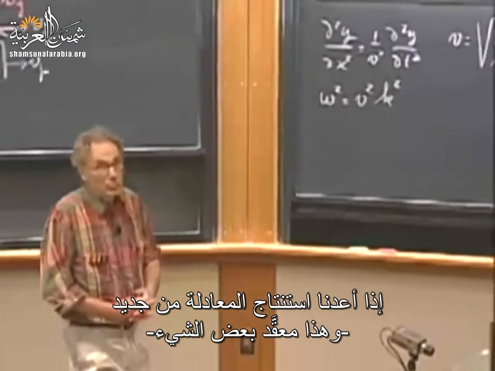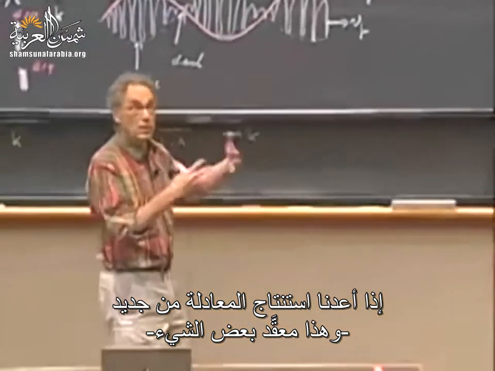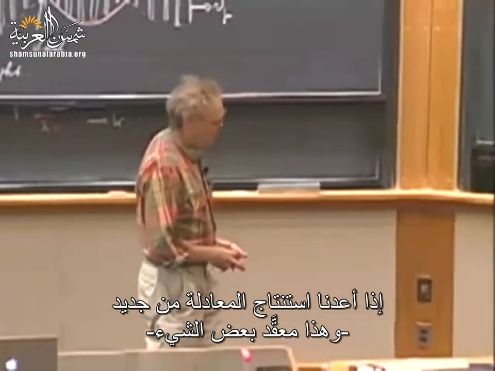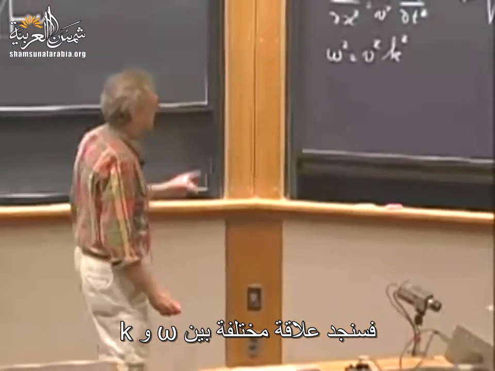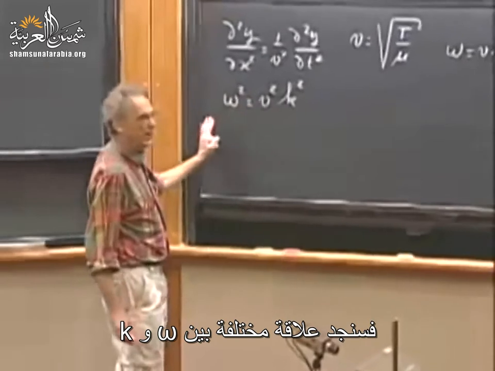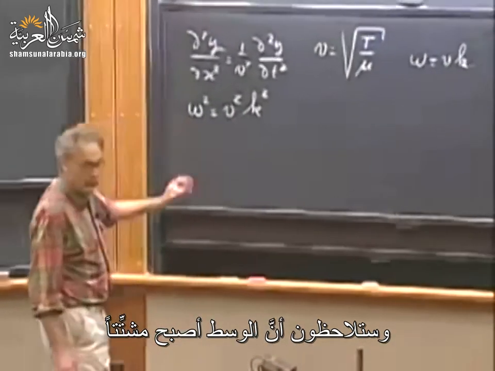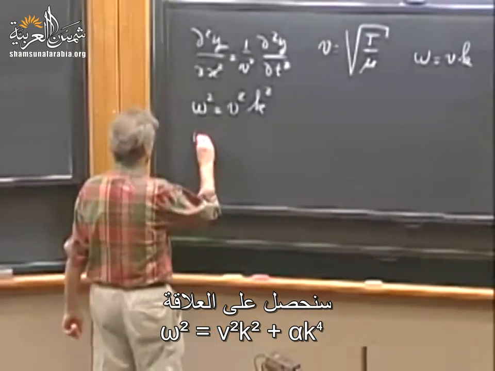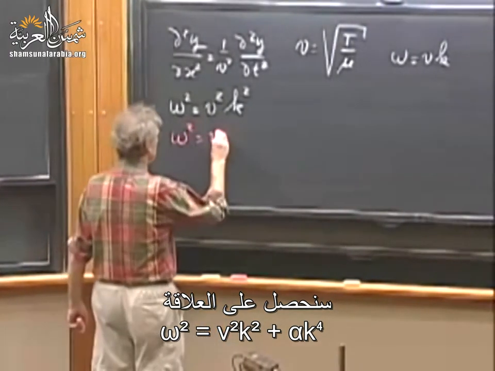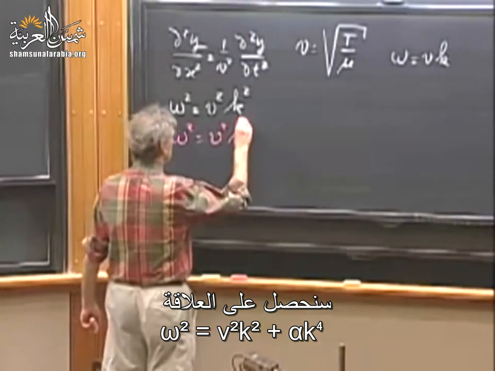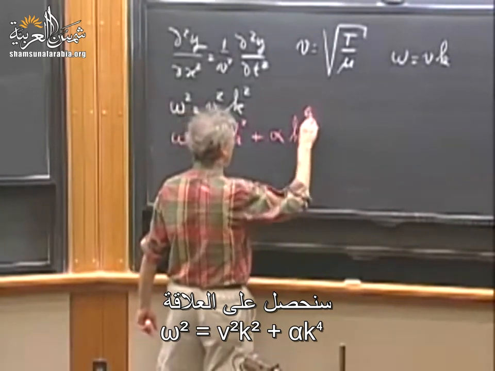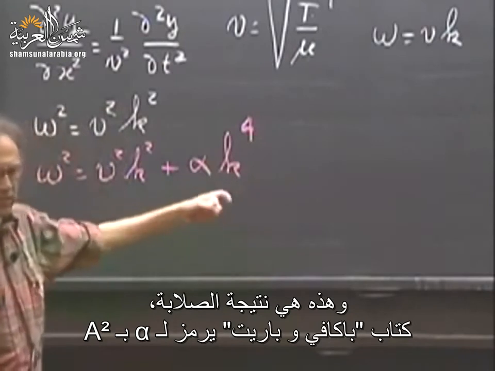If you now go through the whole procedure again, which is slightly more complicated, you get a different relation between omega and k. Now the medium becomes dispersive. Now you get that omega squared equals v squared times k squared plus alpha times k to the power 4. And this is the result of that stiffness.